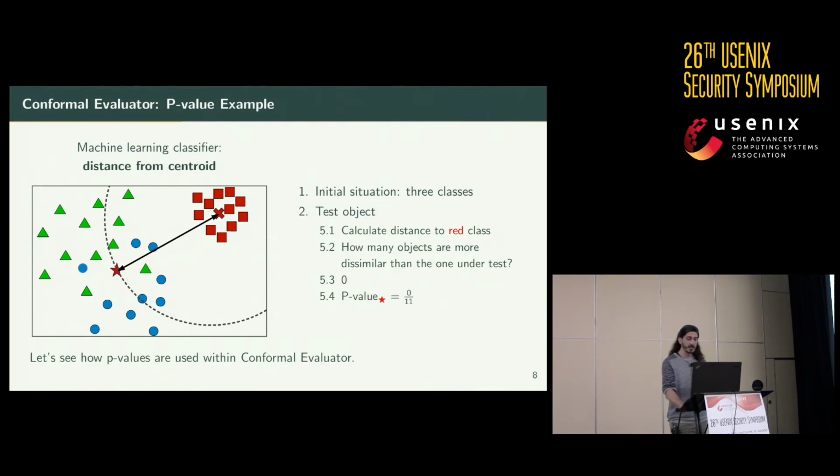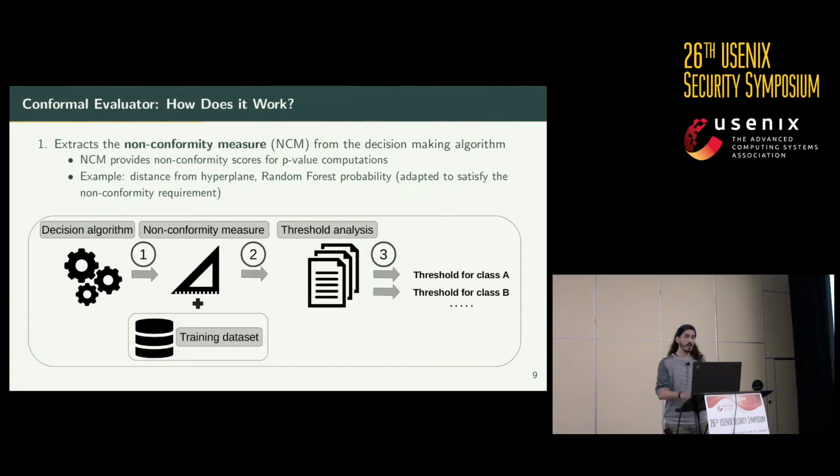And we will use this. How do we use this? Let's see how Conformal Evaluator uses and builds these p-values. So, Conformal Evaluator extracts the non-conformity measure from the underlying machine learning algorithm.